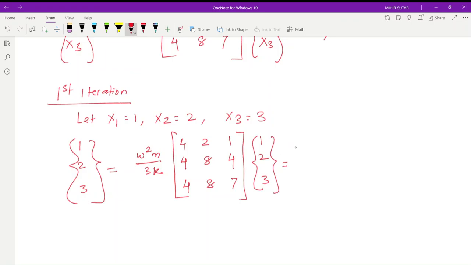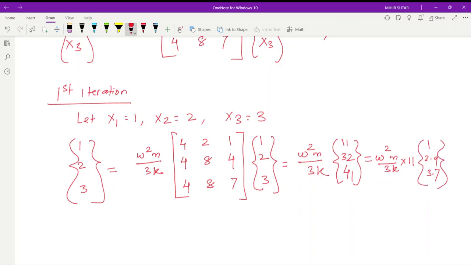If you multiply this, we will have 11, 32, 41. Or you can say omega square m by 3k into, taking out 11, the lowest value, we will have 1, then 2.9, 3.7.